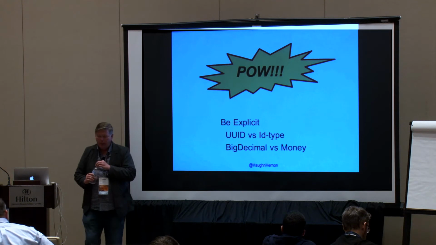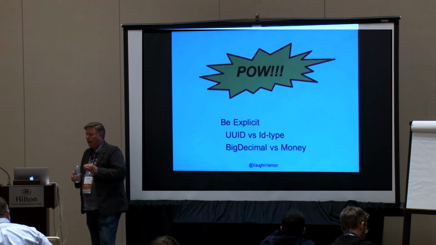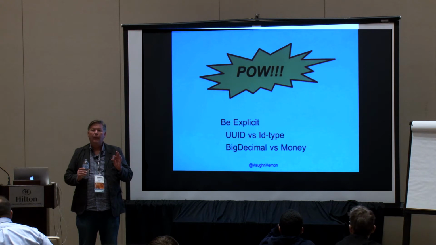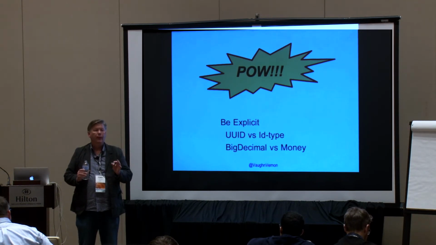Another thing that you really need to be explicit about is the data types in your model. And this can be tricky because you think, I've named a product, and I've named a catalog, and I've named an invoice. We're good.